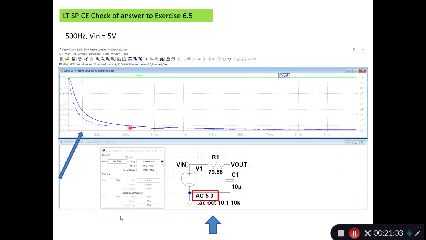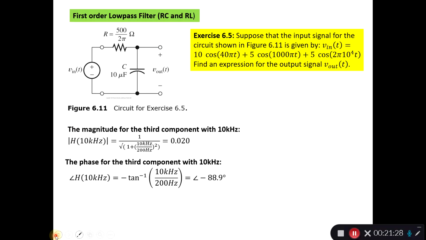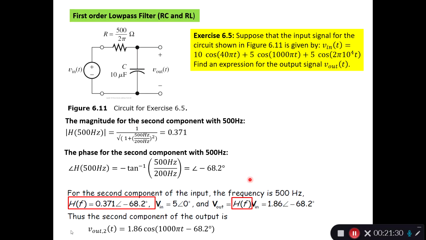The full line is the magnitude, the dotted line is the phase, and I can see I get 1.85 out, and the dotted is minus 68.21, and that also fits with the calculated output of the filter at 500 Hertz beautifully.